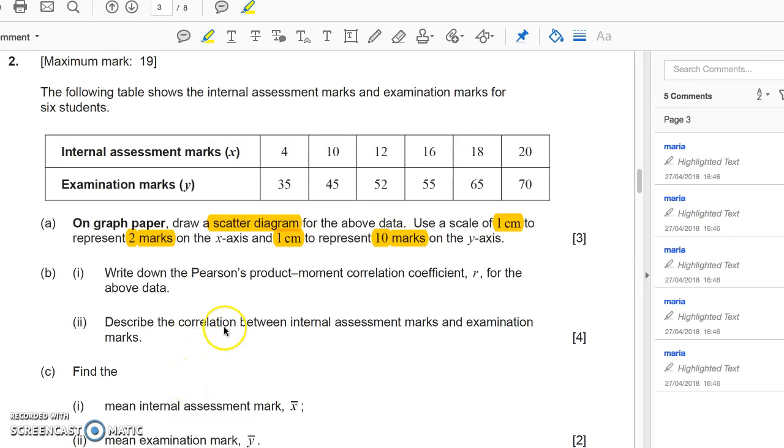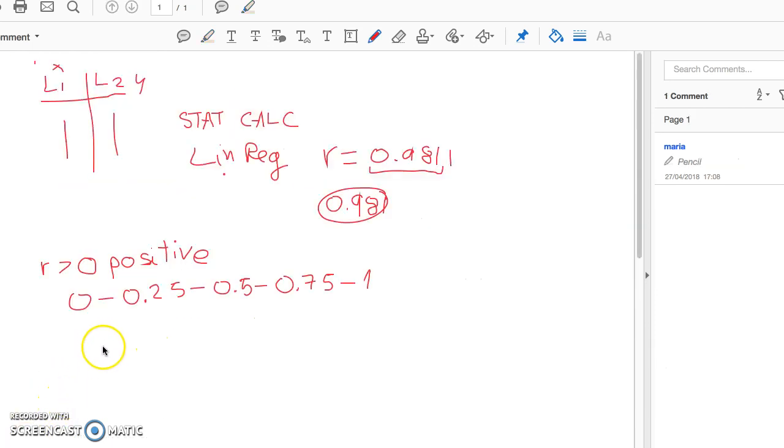Part ii, describe the correlation between the internal assessment mark and the examination marks. So for this I need to remember that if the R is bigger than 0, the correlation is positive, which is the case, it's a positive number. And then to see how strong it is, we divide this into 4 little pieces: 0 to 0.25, 0.5, 0.75, and 1, being this region very weak.